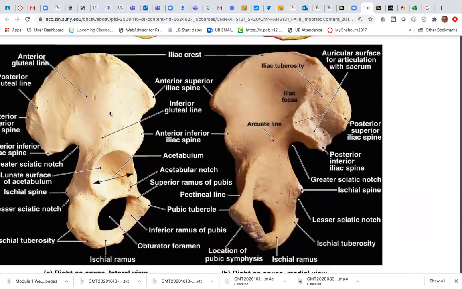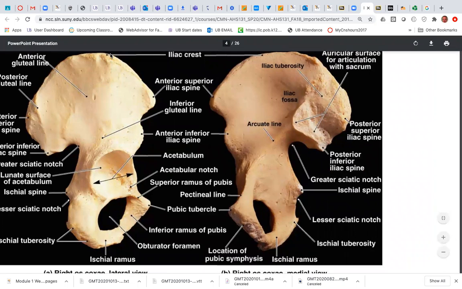Now, this is what one of the innominate bones, or one of the pelvic bones, looks like from the outside. Remember, the acetabulum is lateral. So if we wanted to look at what this bone looks like from the other side, from the inside, we have to look at the illustration on the right.